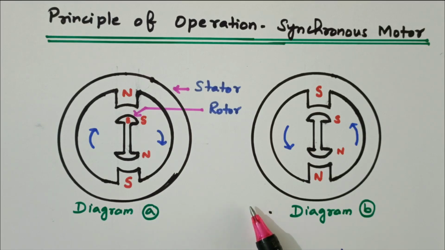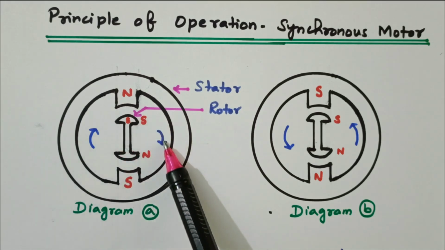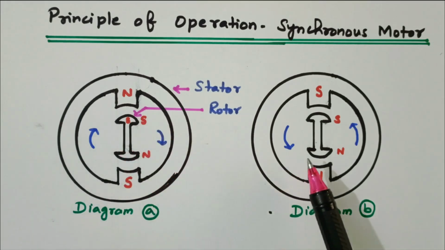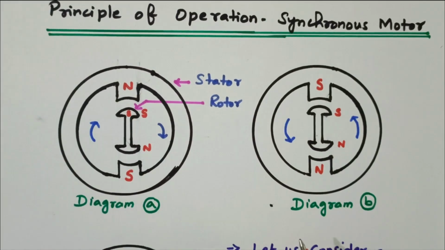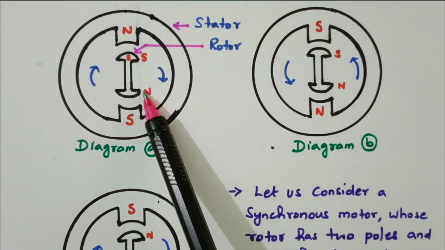We have to make some other arrangement to start the motor. Initially the rotor rotates in the clockwise direction, thereafter it starts in the anti-clockwise direction. In order to avoid that, we have some external arrangement to bring the rotor again to the same position.